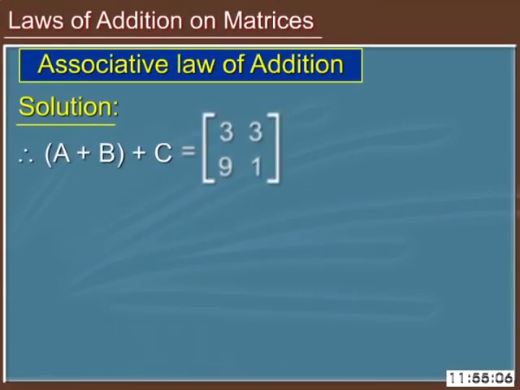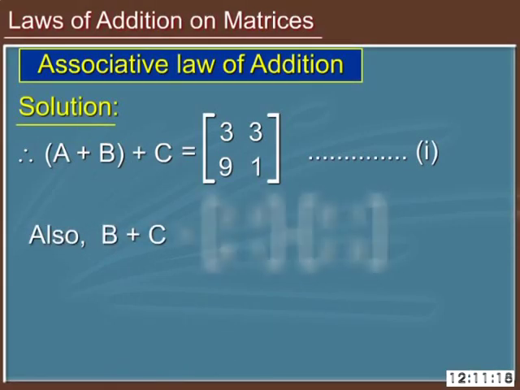So here (A plus B) plus C will be equal to the matrix having first row elements 3 and 3, second row elements 9 and 1, which is a 2 by 2 order matrix. Let it be equation number 1.